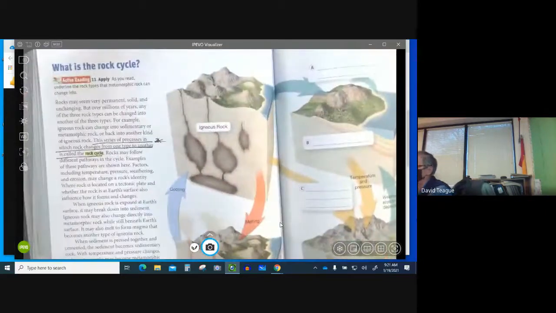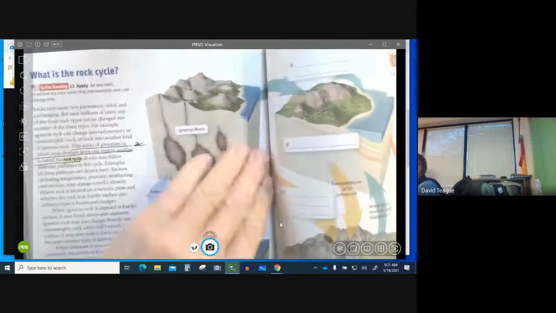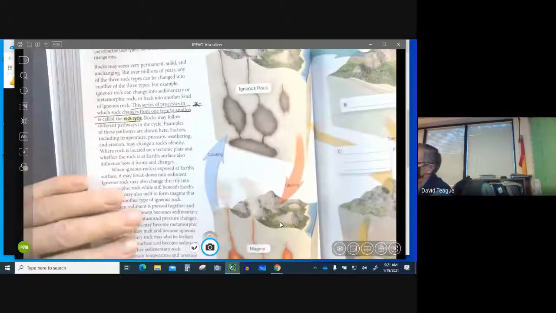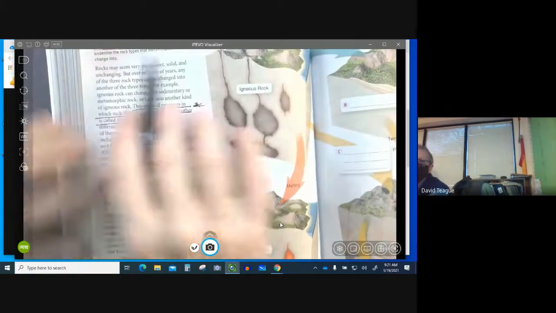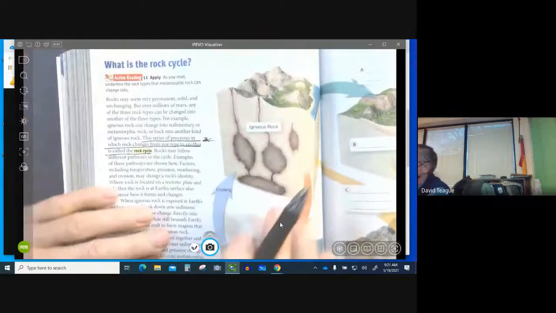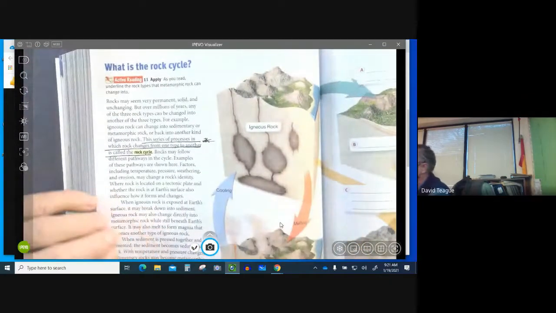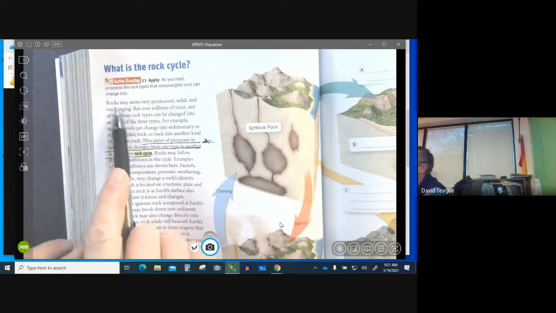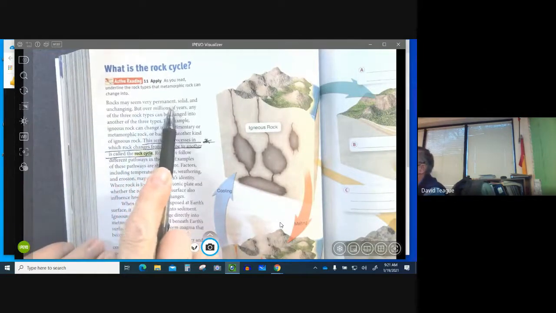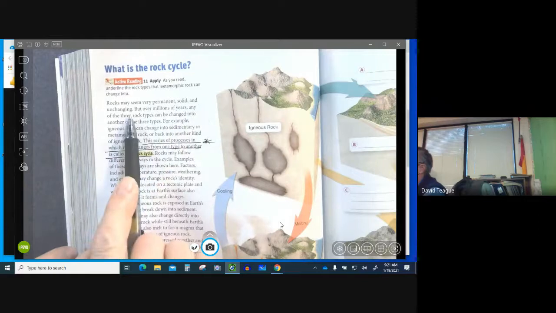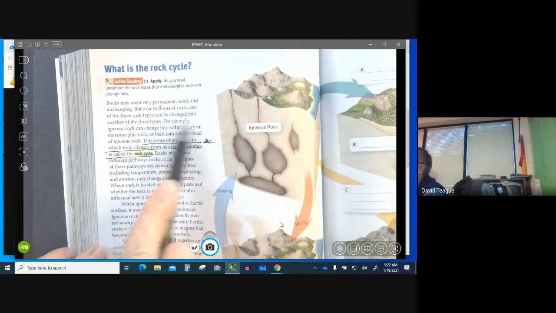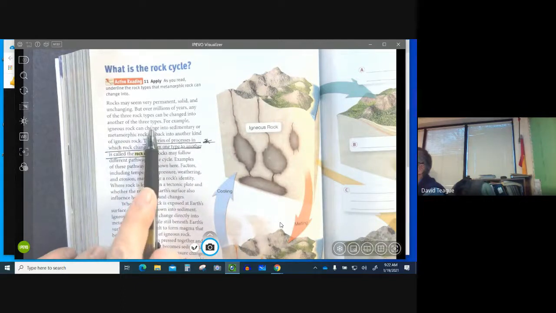Okay, let's turn to page 372. So what is the rock cycle? We'll probably finish this one side and that'll be it. Rocks may seem very permanent, solid, and unchanging, but over millions of years, any of the three rock types can be changed into another of the three types.